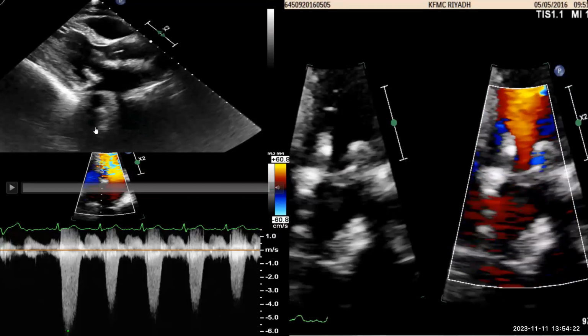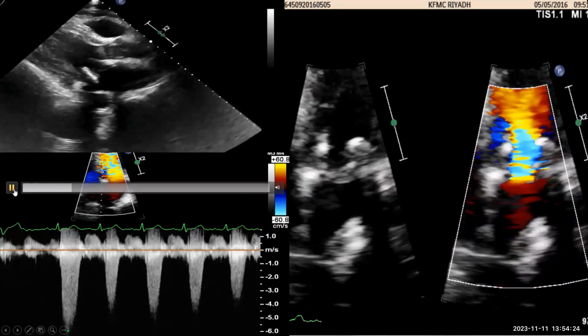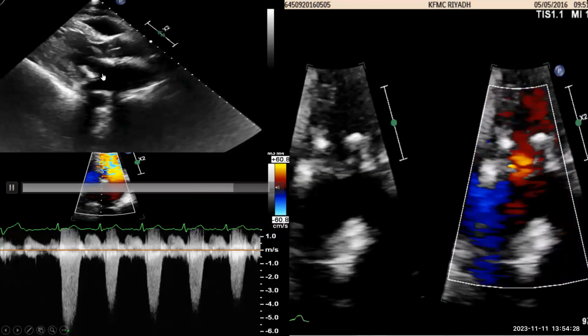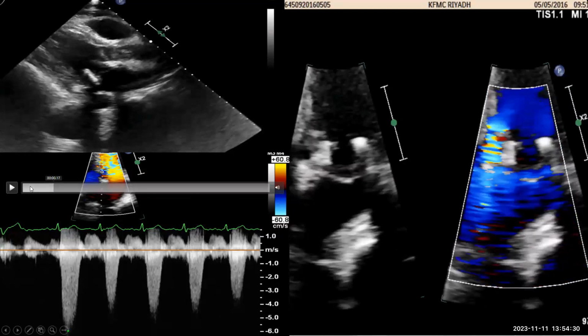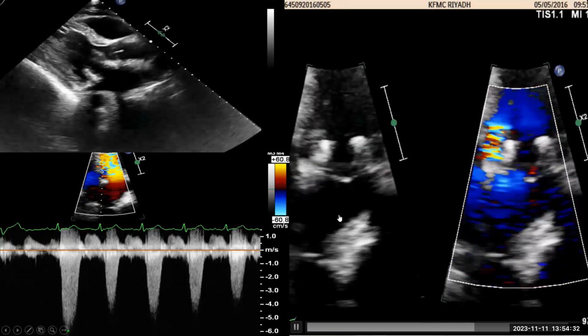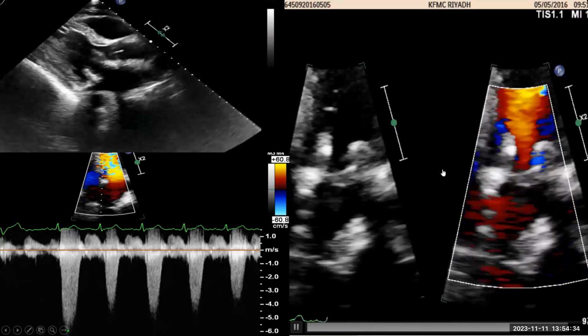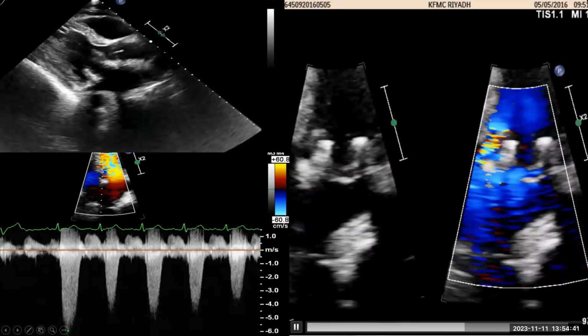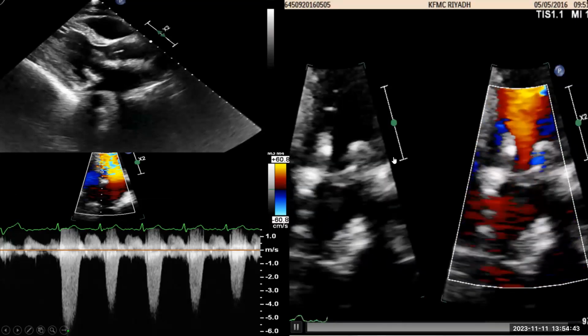Dehiscence? For dehiscence, you have to see very clearly what we call rocking motion. Do you have any rocking motion here? Rocking motion means the valve is just dancing. We don't have it here, to be honest. So don't pick a serious diagnosis if you are not sure about it. In rocking motion or in dehiscence, definitely we have to have what?